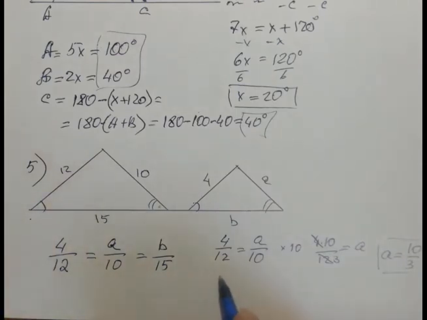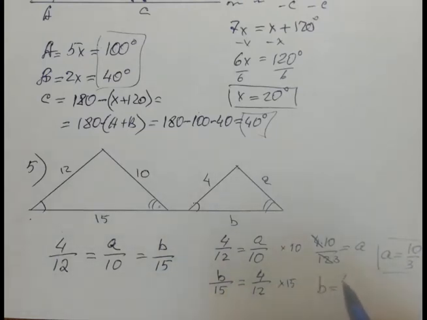The second proportion will be B divided by 15 equals the same known fraction, 4/12. This time we multiply the equation by 15, since we want to get B isolated on the left.